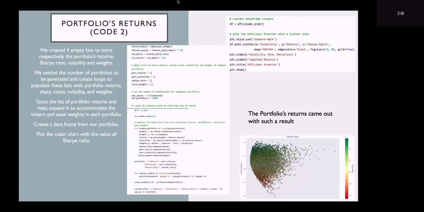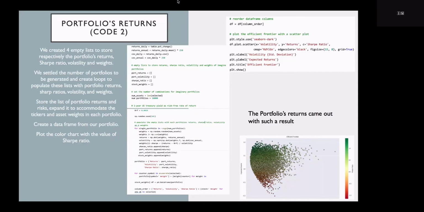So here, first we created 4 empty lists to store respectively the portfolio's returns, Sharpe ratio, volatility, and weights. Second, we set the number of portfolios to be generated and create loops to populate those lists with all these 4 items.